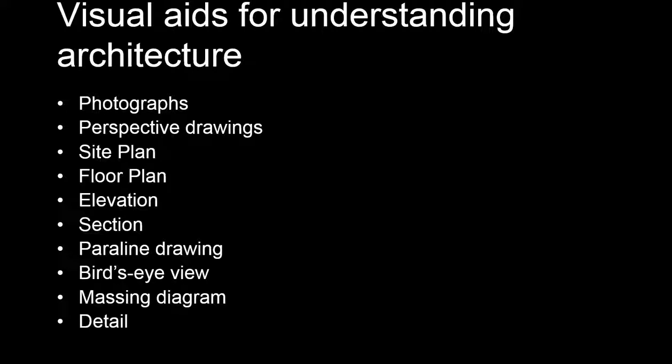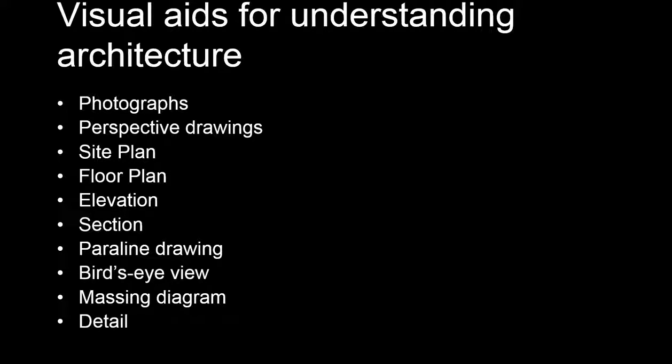There are a number of different things that we use to look at that will give you some sort of an understanding: photographs, perspective drawings, site plans, floor plans, elevation, section, paraline drawings, which are three-dimensional drawings, bird's eye view drawings, massing diagrams, and details. All of those are part of the tools that you will be using, in addition to a couple of field trips, and in addition to Google Earth, which you'll use to analyze the architecture you're studying in this class.